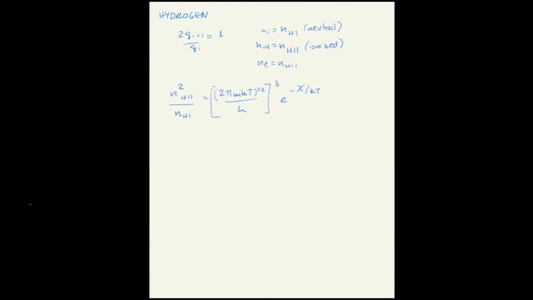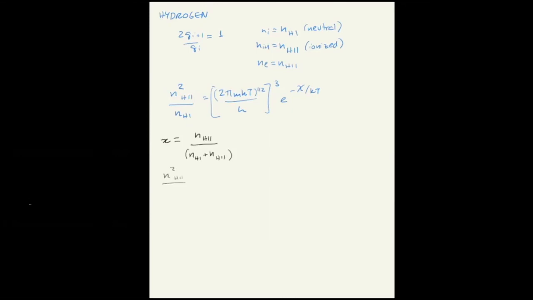Let's define the ionization fraction, call it x, as the number of hydrogen ions over the total number of atoms, which is H1 plus and H2. So we have an equation for the square of the number of ions over the number of neutrals. You can write that in terms of the ionization fraction.